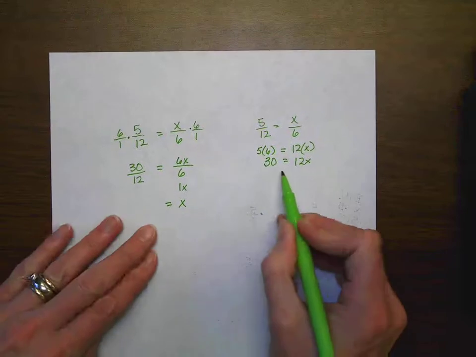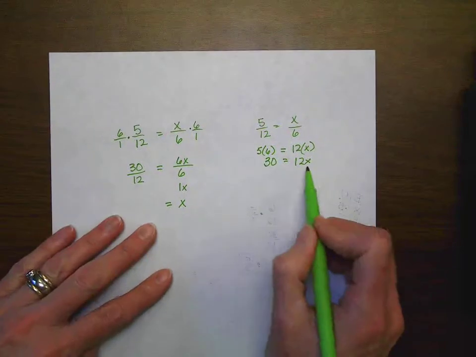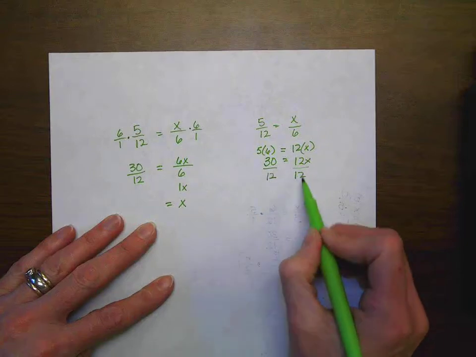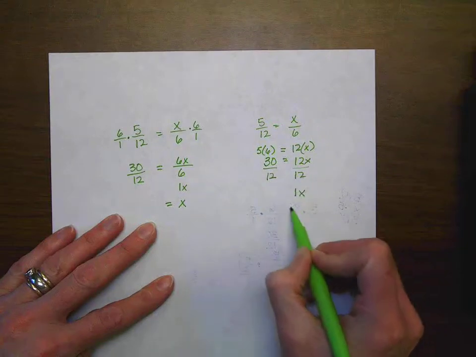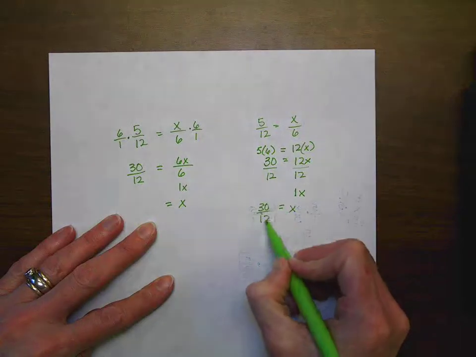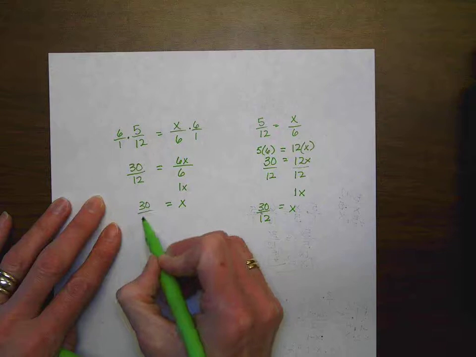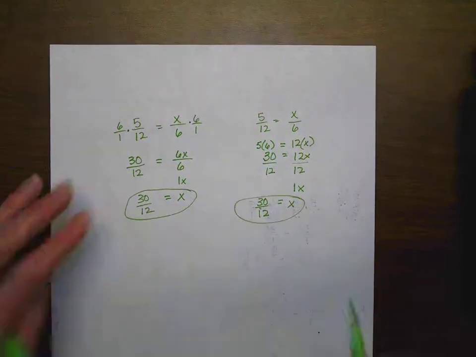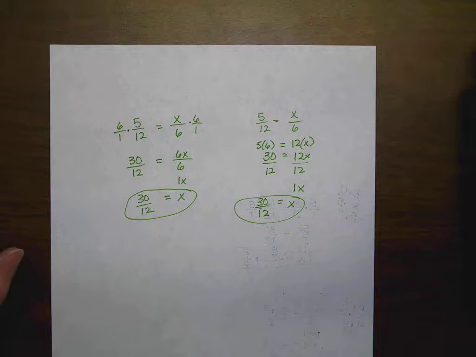And does this equal that? Well, if you finish it off, you have 30 equals 12x. We would divide each side by 12, and 12 divided by 12 is 1. 1 times x is x, and then you get 30 divided by 12 as your answer. Does 30 divided by 12 equal 30 divided by 12? The answer is yes. So that's how you can prove it both ways.